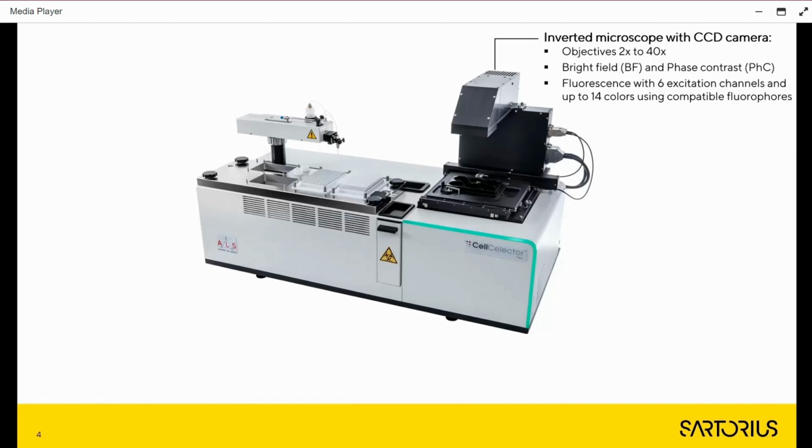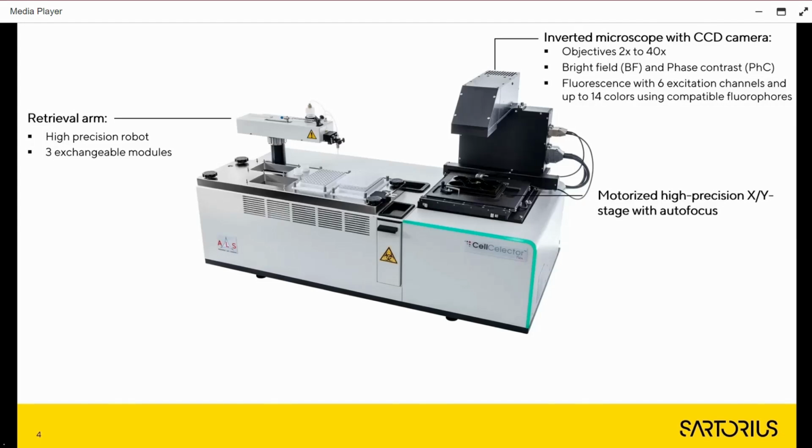Selection of up to 6 different excitation channels enables support for more complex phenotyping and multiplexing applications. Furthermore, exchangeable robotic arm allows to quickly switch between picking modules to extend the application support. Source vessel is placed in a high-precision motorized stage, which permits to isolate single cells in automated and reliable fashion.